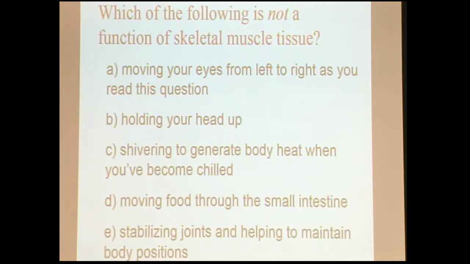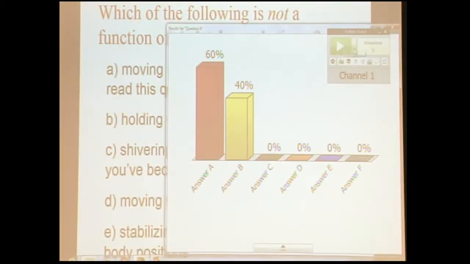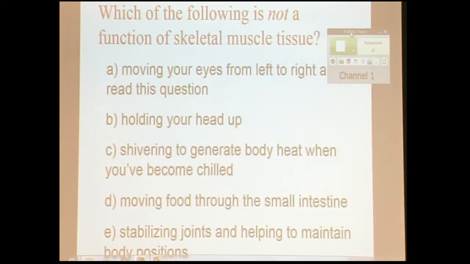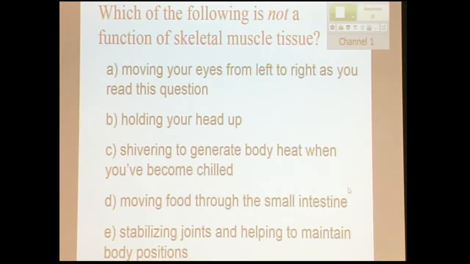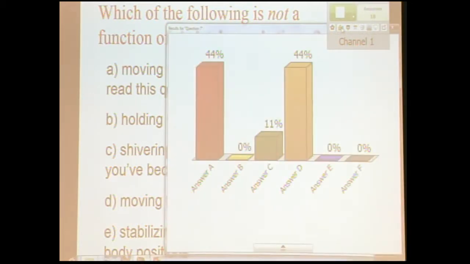So which of these is not a function of the skeletal muscle? All right, so I can chat with your group there because we're tied between 2.